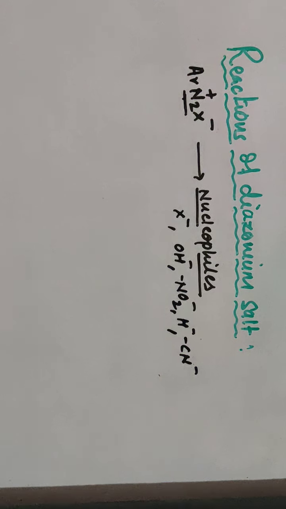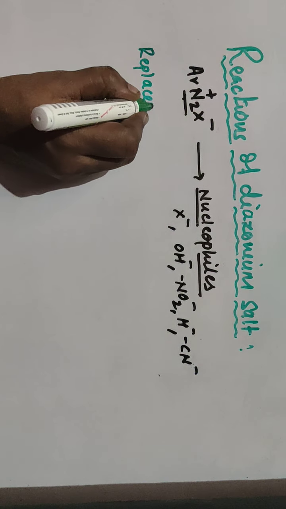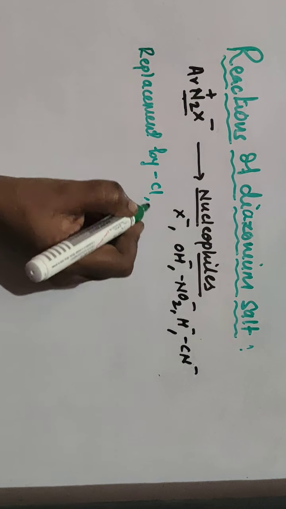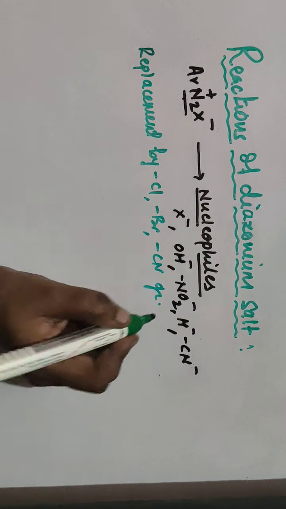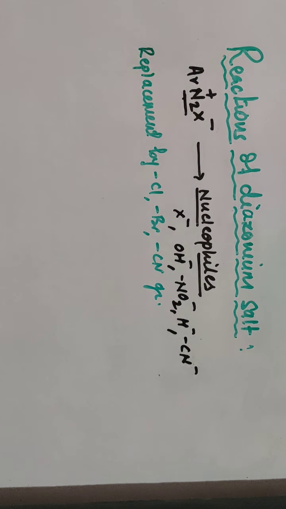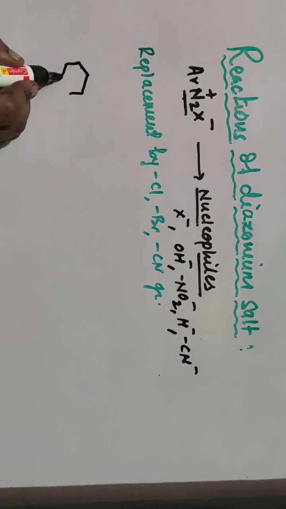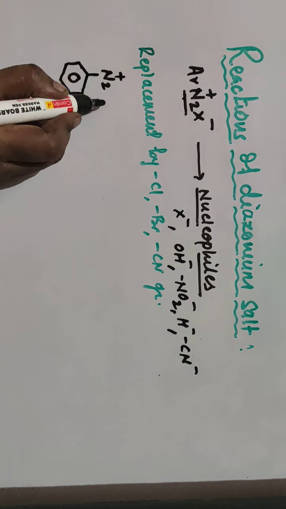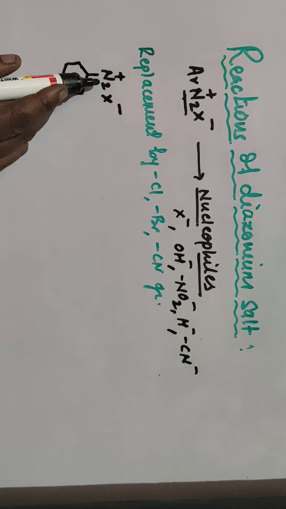So let us see the reaction. First reaction we'll see, I'll write here, replacement by Cl, Br or CN group. So we'll take here the compound as C6H5 N2 plus and X minus, diazonium salt, benzene diazonium halide.